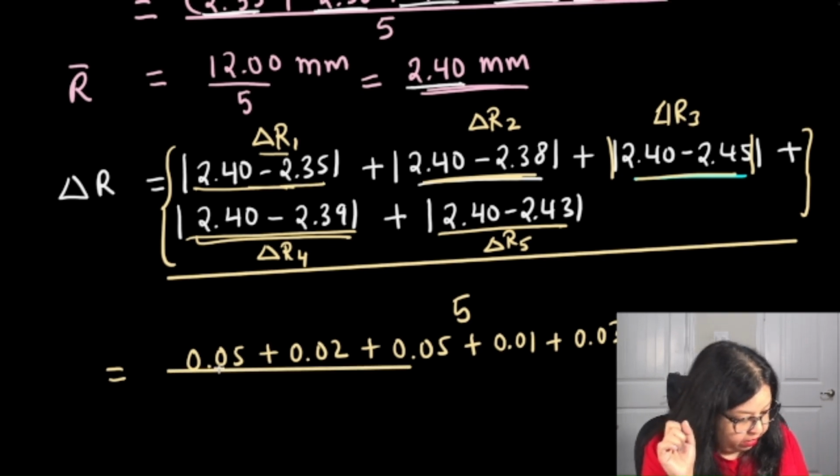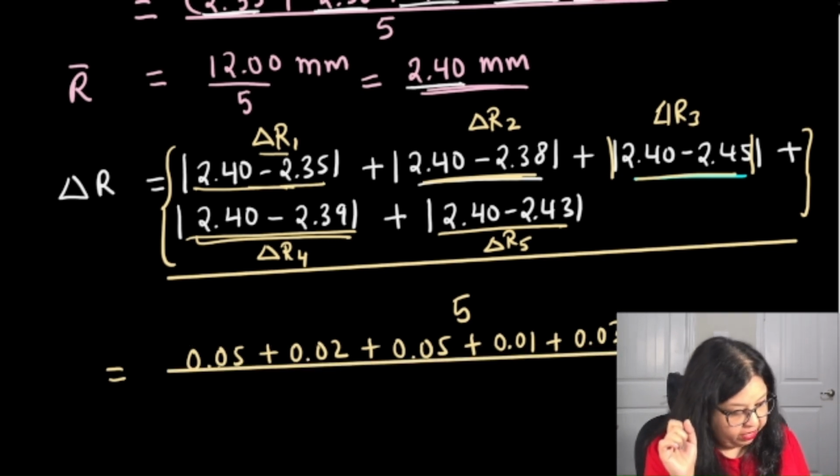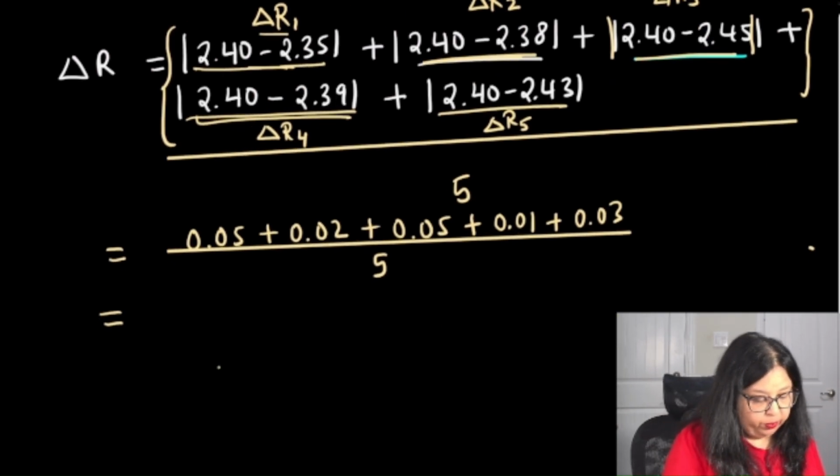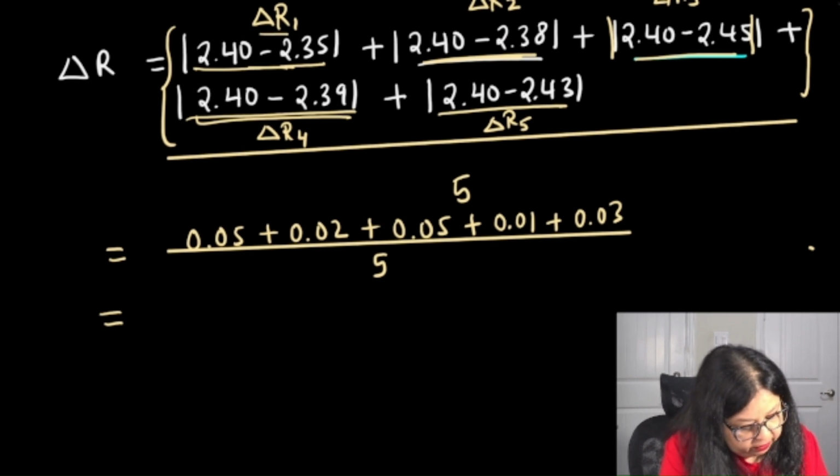Let's get our line divided by what? 5. Okay. What does this give us now? This gives us, let's see, 0.05 plus 0.05 is 0.10.